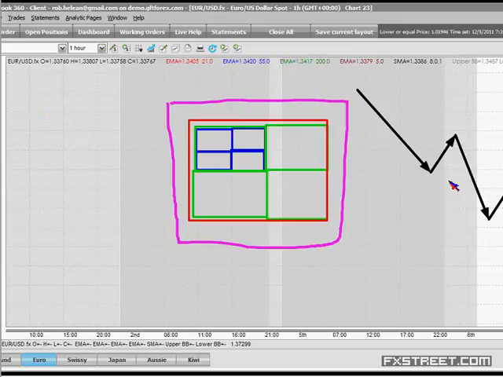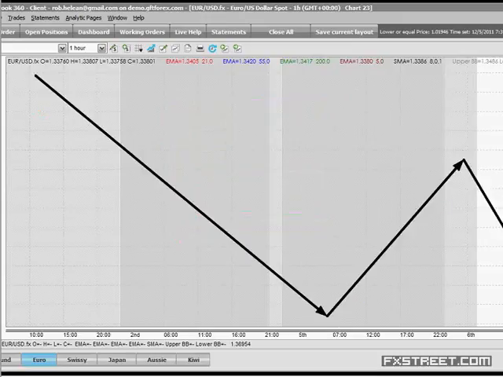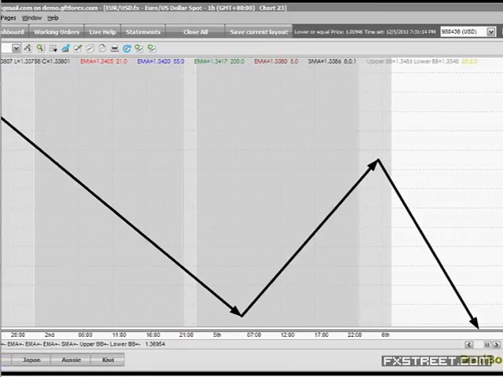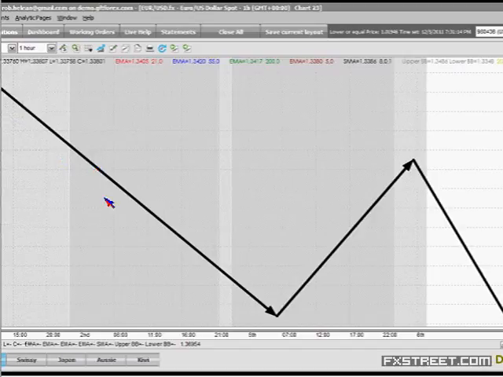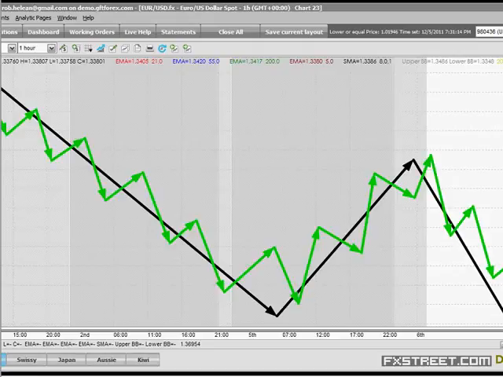Let me give you an example using charts here. If this was a daily swing to the downside in black, just going to let the chart catch up there. Okay, so that's a daily chart. If you looked at it and said, oh, the daily chart's just swung down and made a little lower low down here. On a 4-hour chart, that would, in green, look something like this, where your 4-hour chart's going to be swinging down, and then it's going to be in an uptrend, and then it goes back to a downtrend.